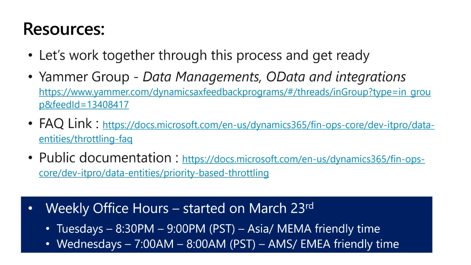Those are ongoing conversations that we have internally with these various service teams, so that they are working with us to help mitigate any throttling scenarios that may be experienced in the future. But as of right now, many of these internal services are exempt from getting throttled, so you don't have to worry about them. Just focus on your OData endpoints and custom services by setting relative priorities for them.